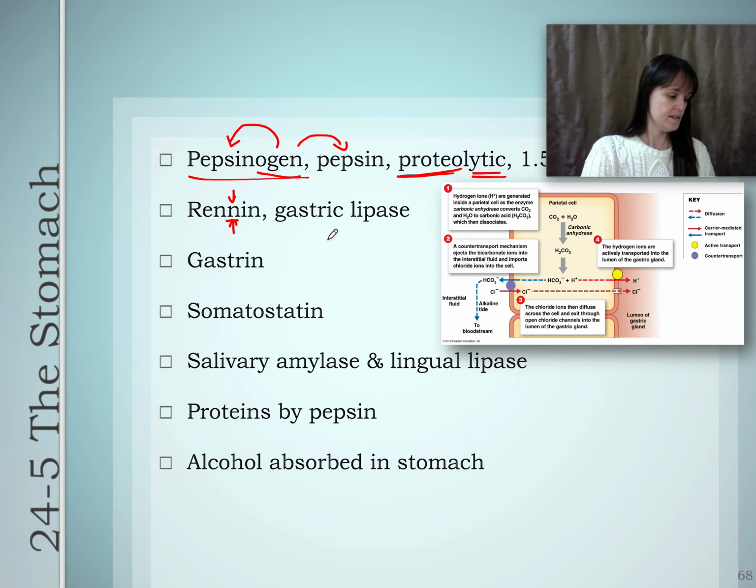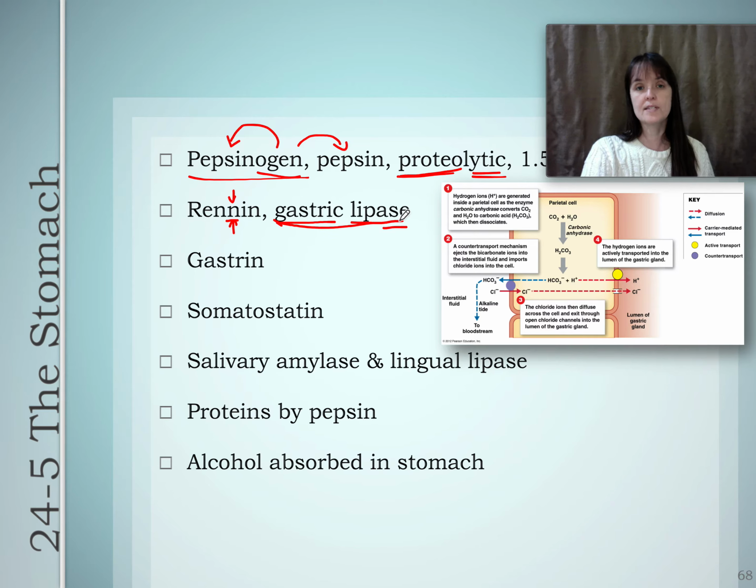And okay, so the rennin, let's talk about the function now, coagulates milk proteins, and it's found in newborn stomachs. And they also make gastric lipase. Lipase, we already learned, is the enzyme that digests lipo, which is fats. And gastric, we know, means stomach, so their stomachs make lipase.